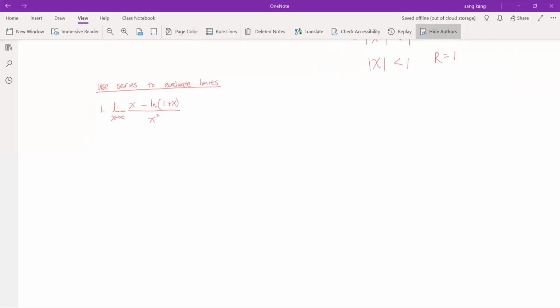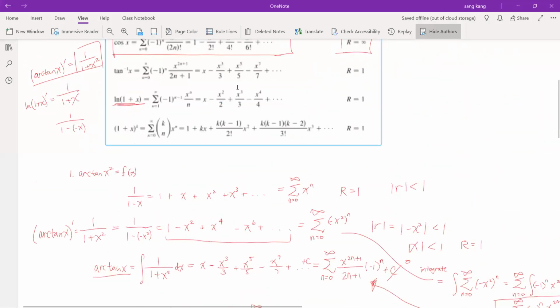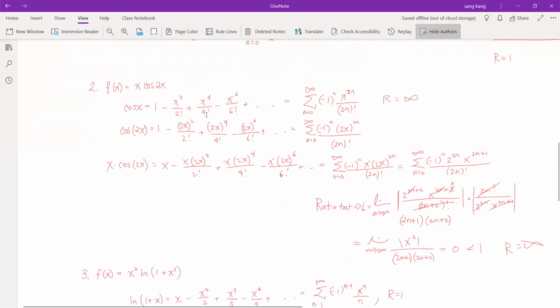And we can recognize that we have this known series here. So we can use the series ln of 1 plus x as a base, and then algebraically manipulate this expression so that we can simplify everything. So if you look above, ln of x is given here, right? R equals 1. So we'll start with that.